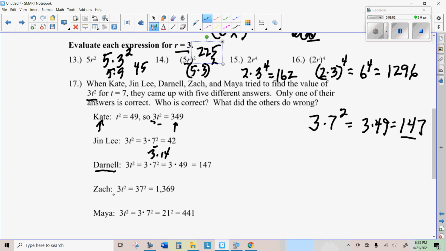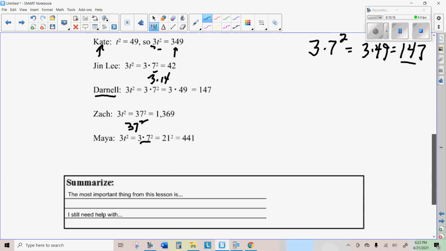Darnell did it right. Zach, again, forgot that 3 times t to the second means that there's a times in there, and he just put the 3 and the 7 together and then squared it. And then Maya looks like she did the 3 times 7 first, but you have to do the powers first, right?